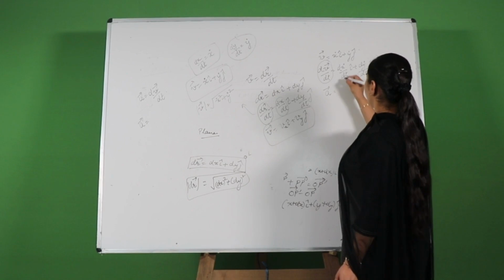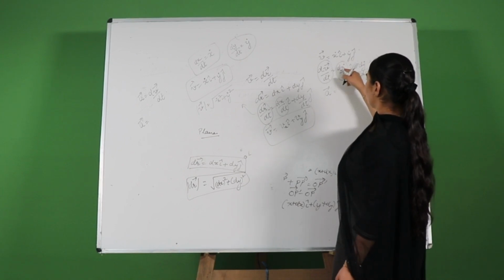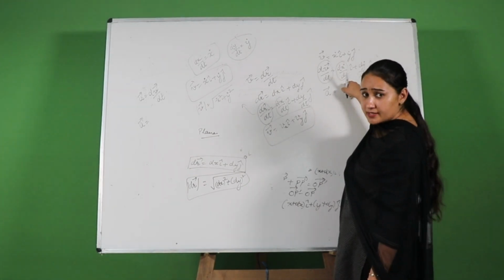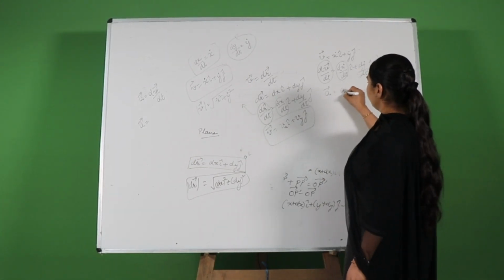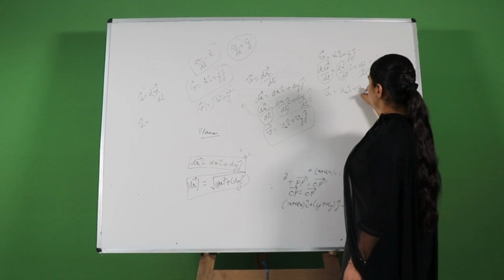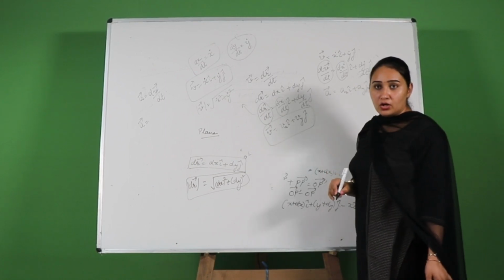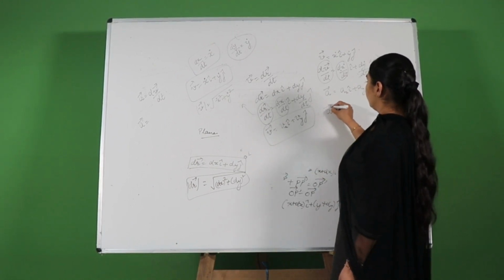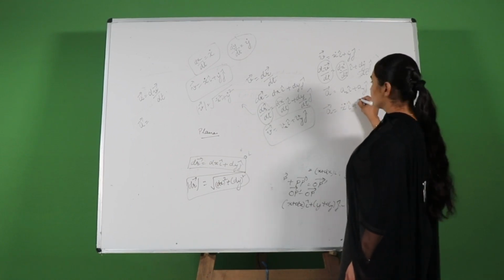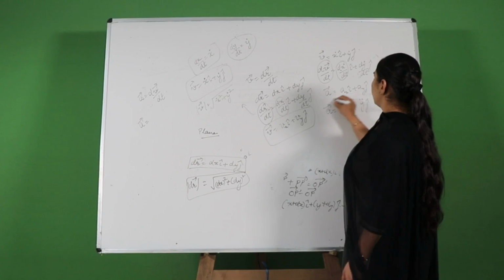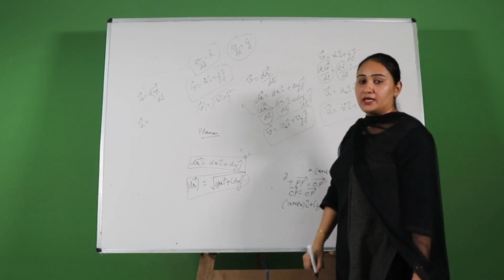So this is your component of acceleration along the x-axis, and this is the component along the y-axis. I can write ax i cap plus ay j cap, or I can also write a equal to x double dot i cap plus y double dot j cap. So this gives me acceleration.